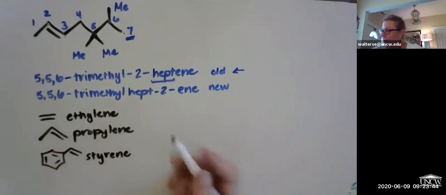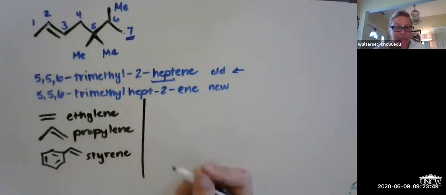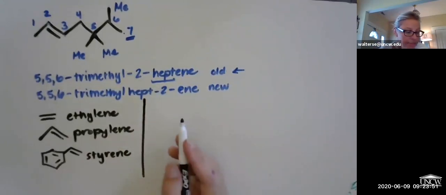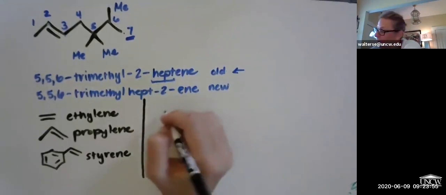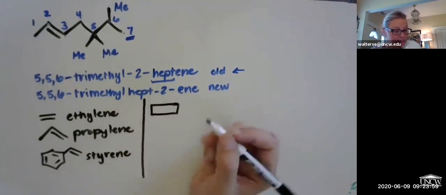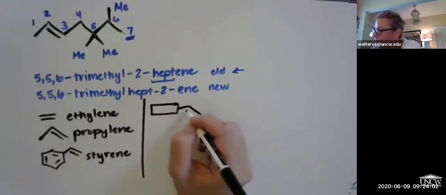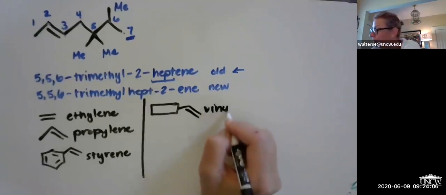Okay. Now, there are some alkene substituents that you can have off parents that also have common names. So if the parent is going to be the box, and then if you come out and you have a group that looks like this, it's called a vinyl group.